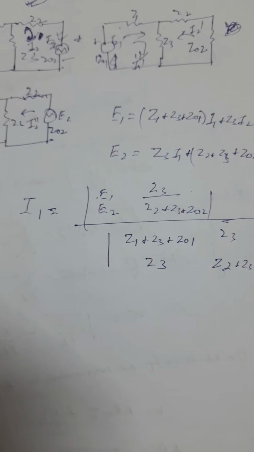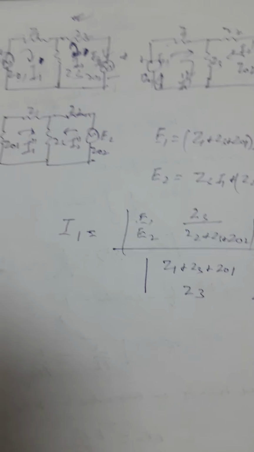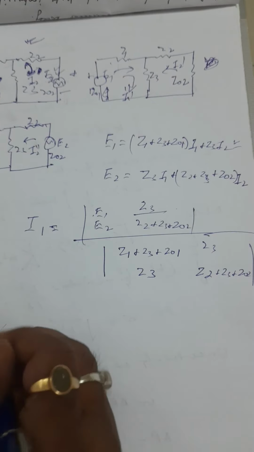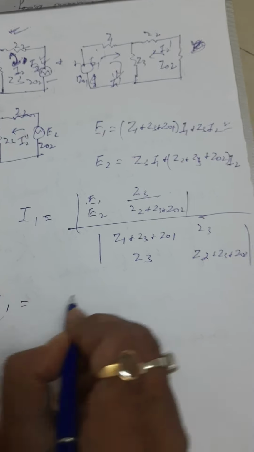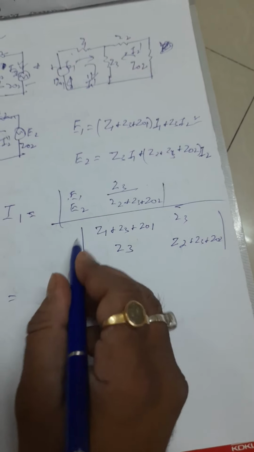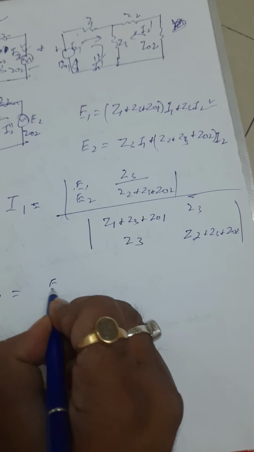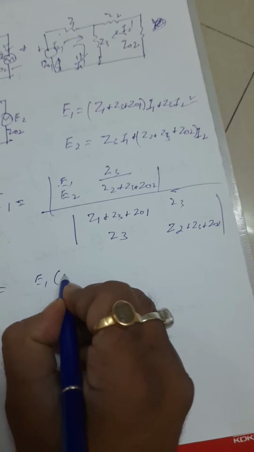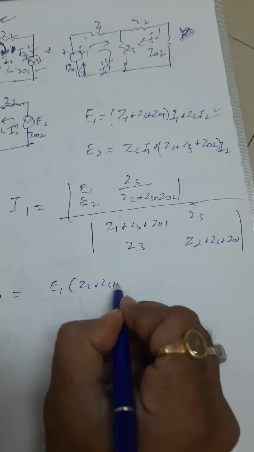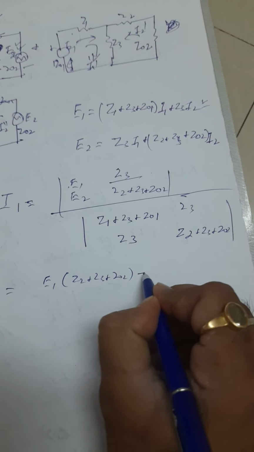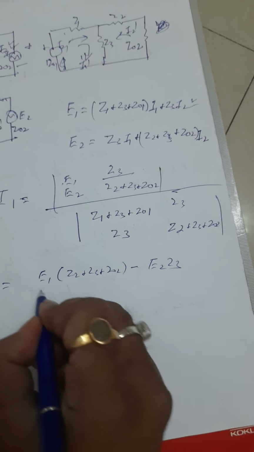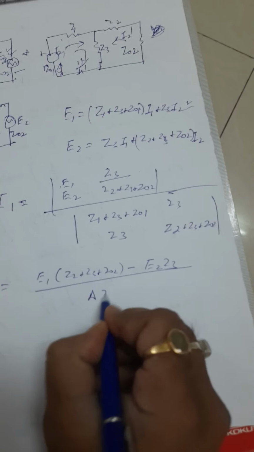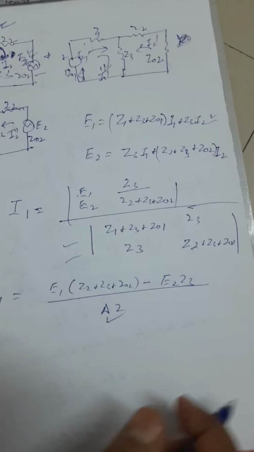From here, we represent this determinant by delta Z. So ultimately, if we expand this, we have I1 equal to E1 (Z2 plus Z3 plus ZO2) minus E2 Z3, divided by delta Z. The delta Z is equal to this much.